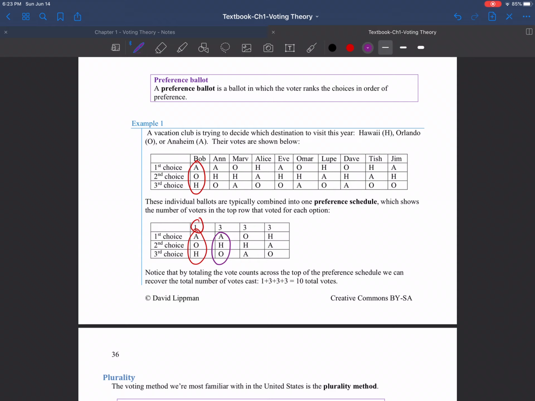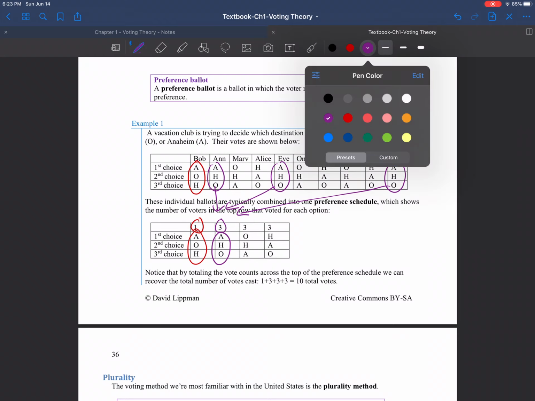Now let's go to the next setup, AHO. How many people? It says 3 here. AHO, AHO, AHO. See how those 3 all go there? In other words, 3 people, their preferences are Anaheim first, followed by Hawaii, followed by Orlando. Let's try another group.